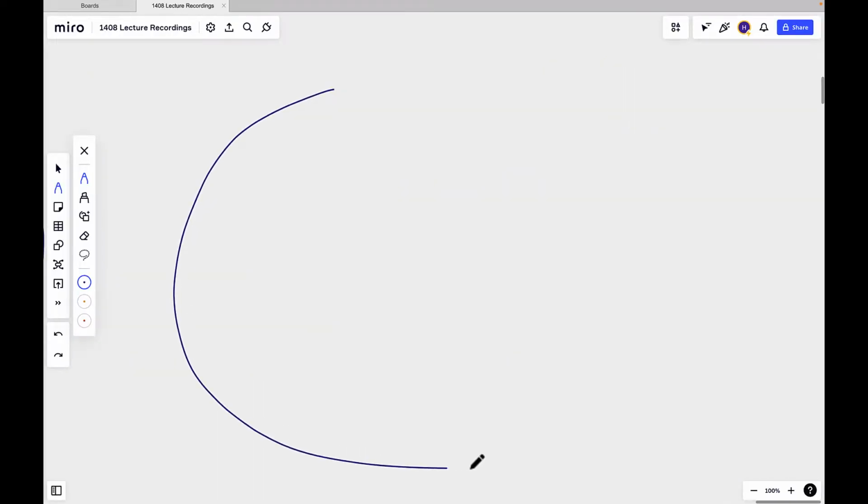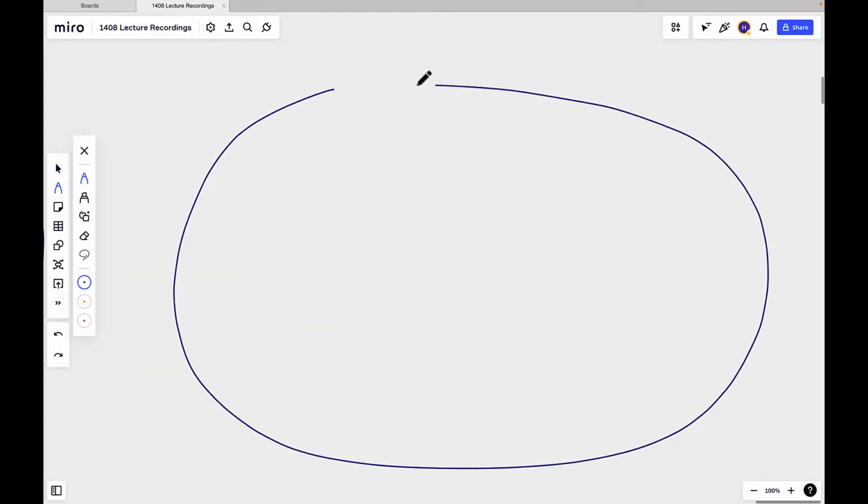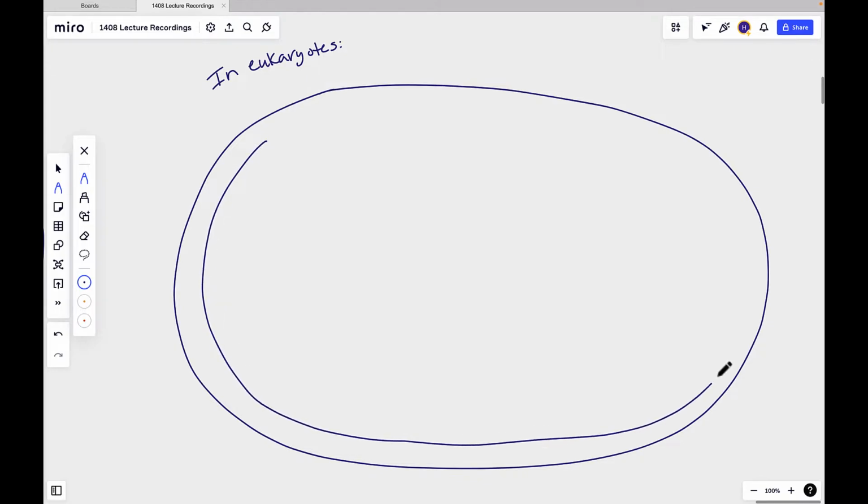If we look at a chloroplast, which is the part of the cell where photosynthesis occurs in eukaryotes, the type of cells that have lots of membrane cell parts inside, this is one of them. It is a double-membraned organelle. So right now I'm drawing the inner membrane, and first I drew the outer membrane, so we can label those.